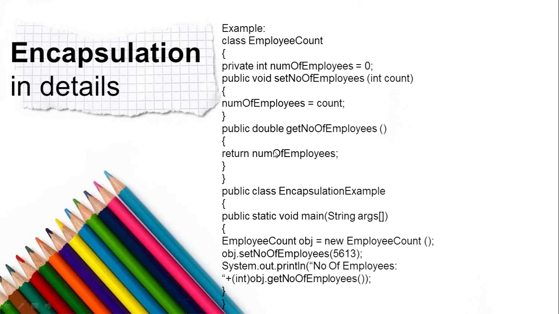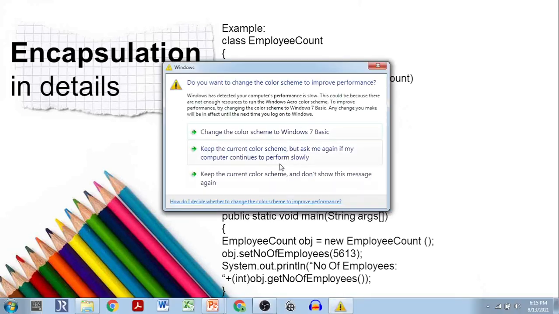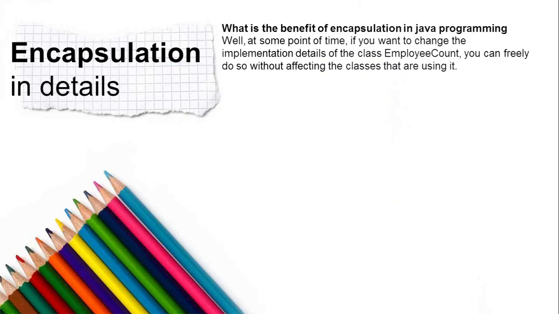That double value, as I told before, will be converted to integer and printed on the output screen. Even without making it integer, we can definitely display it, but after the point there will be zero values, and we don't want to display that. So we are changing it to integer. Yes, so this is an example of encapsulation.